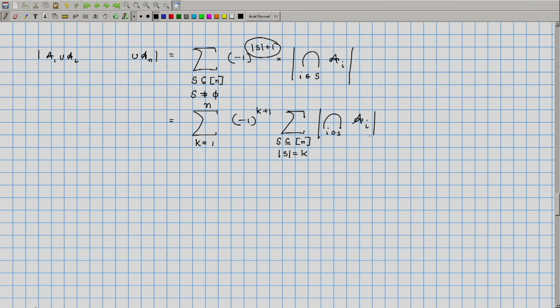This is a much more succinct expression than the previous expression. The meaning is the same, the intuitions are also one and the same. So this is the general principle of inclusion and exclusion.